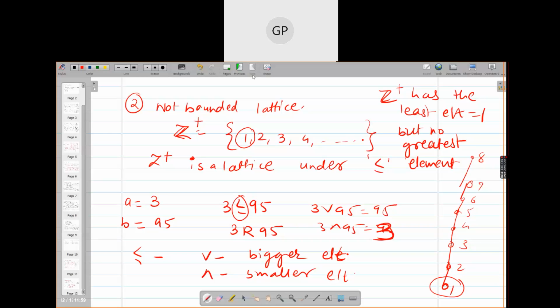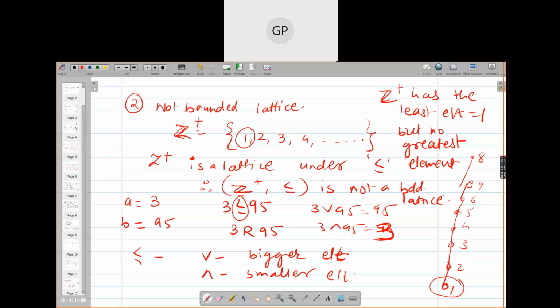So there is no greatest element, and therefore Z plus under usual less equal relation is not a bounded lattice. It is a lattice, but it is not a bounded lattice.